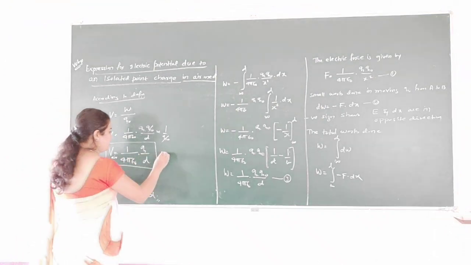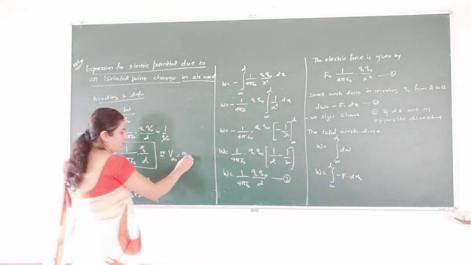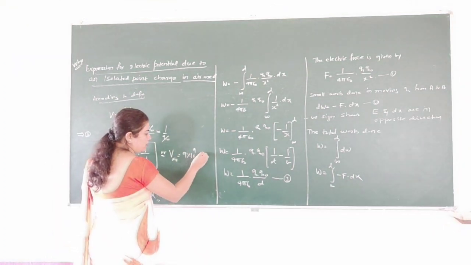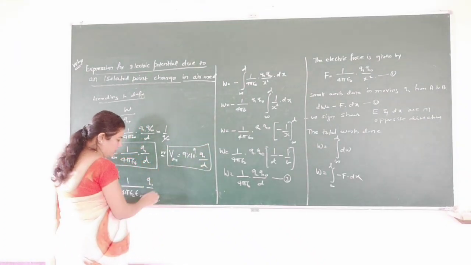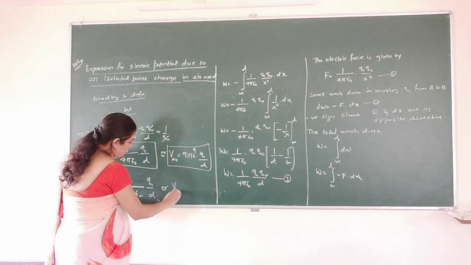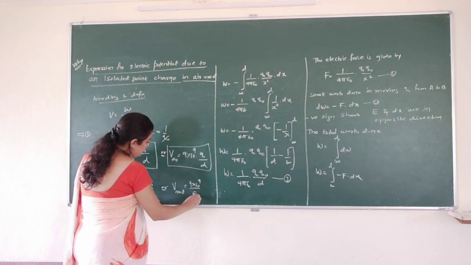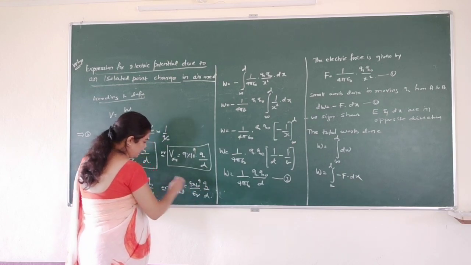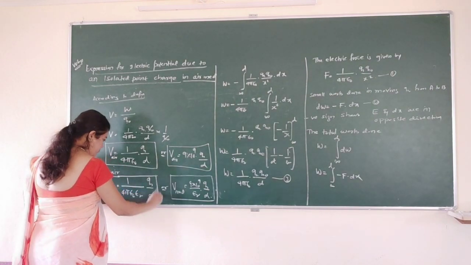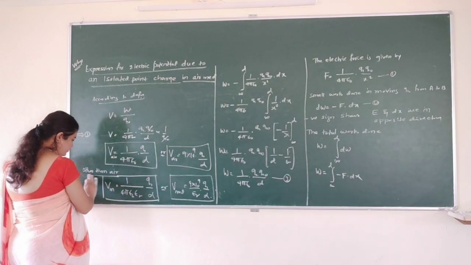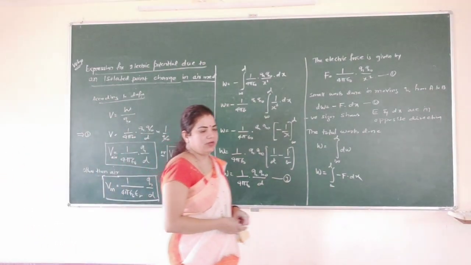Or this can be written, in air medium, as 9 into 10 to the power 9 Q divided by d, and in a medium, 9 into 10 to the power 9 divided by epsilon r, Q divided by d. This is the expression for electric potential.